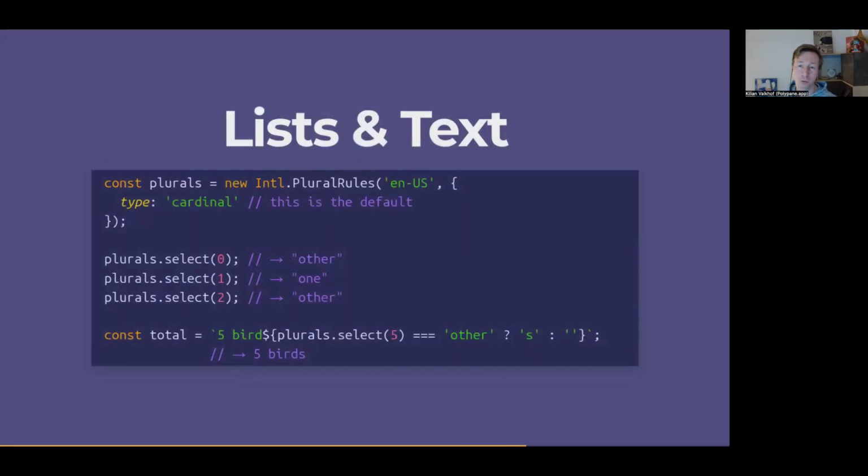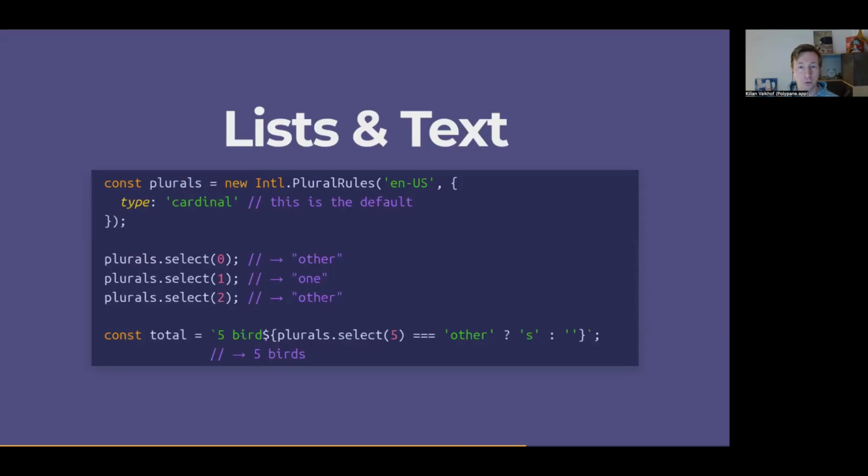Now, the plural rules API takes some time to wrap your head around. It doesn't format anything itself, but it helps you figure out which plural form to use. Here I'm creating plural rules for US English, then calling select with a number, and the return value of this is a string that tells me which plural form to use.